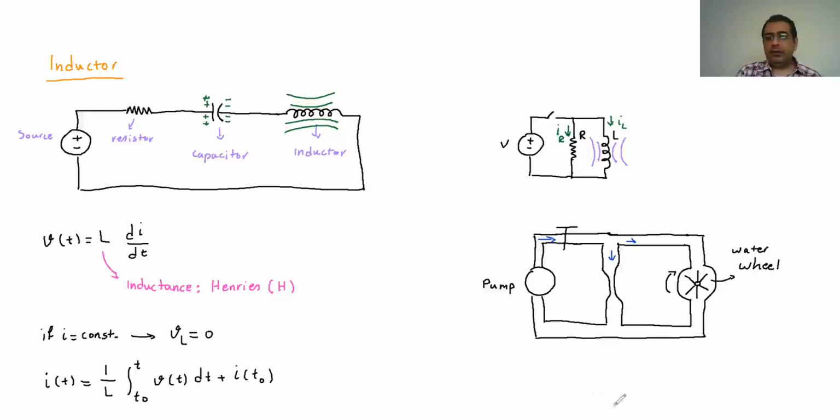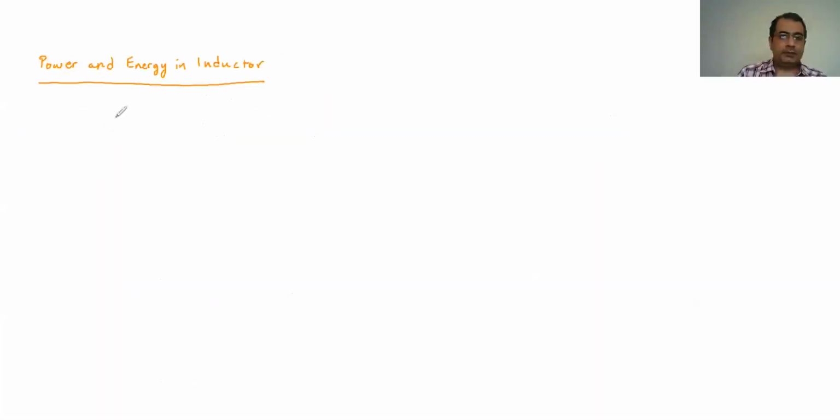Now let's look at the energy and the power stored in the inductor. Again, as I said before, the power is always going to be V times I. So if anything is time dependent, then the power is time dependent, V(t) times I(t).